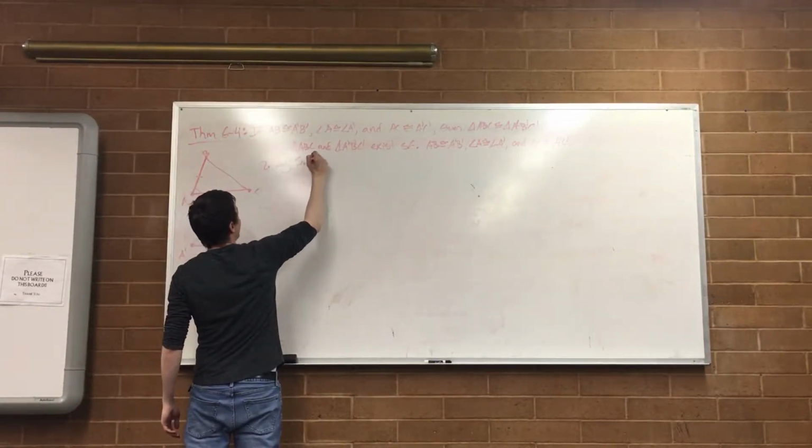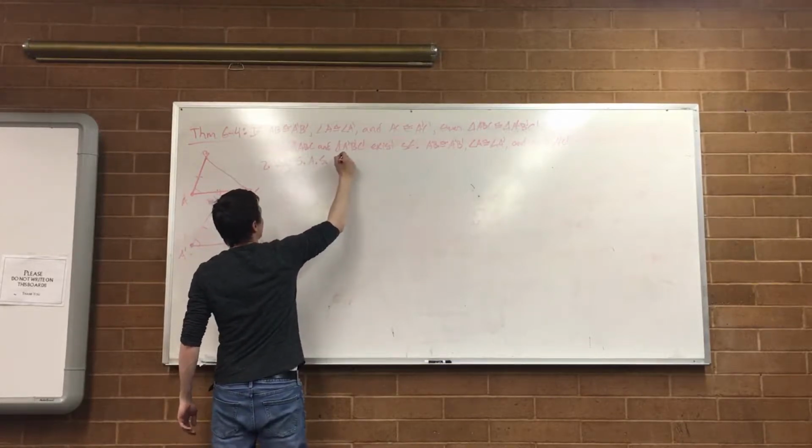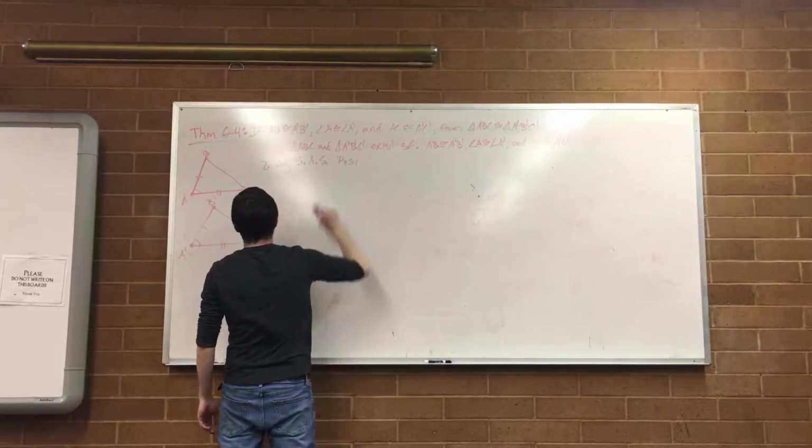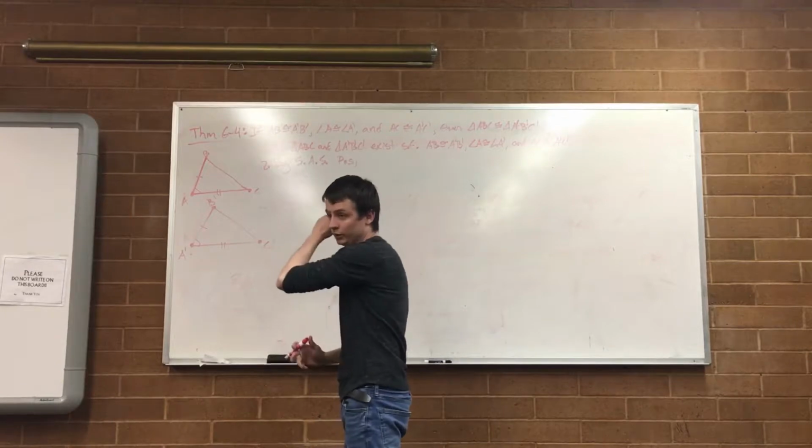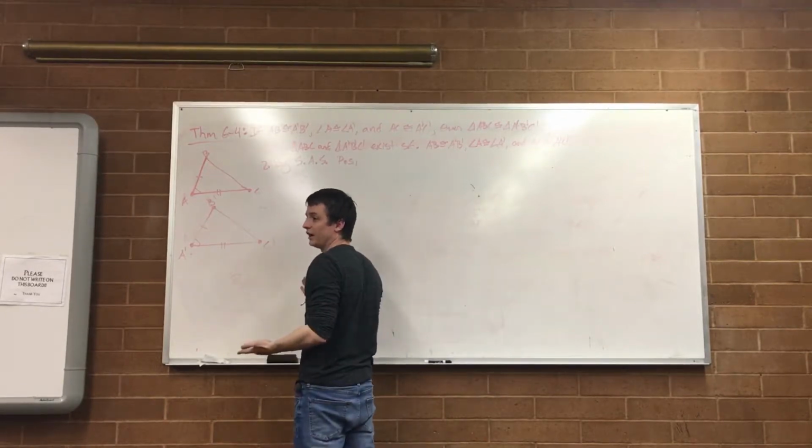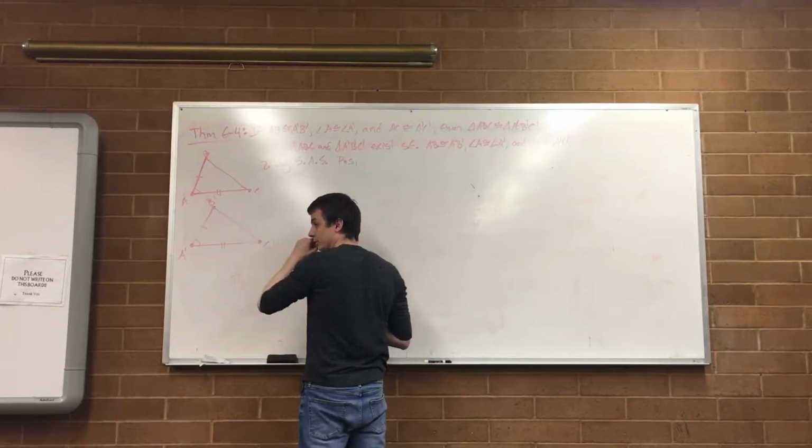By side angle side postulate, maybe to specify we're not talking about the actual proof we're doing, because this is called the side angle side congruence. This is the congruence we're doing.